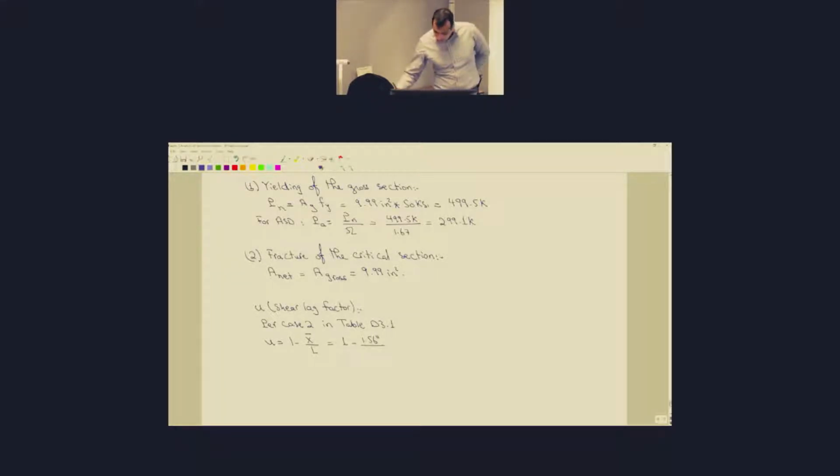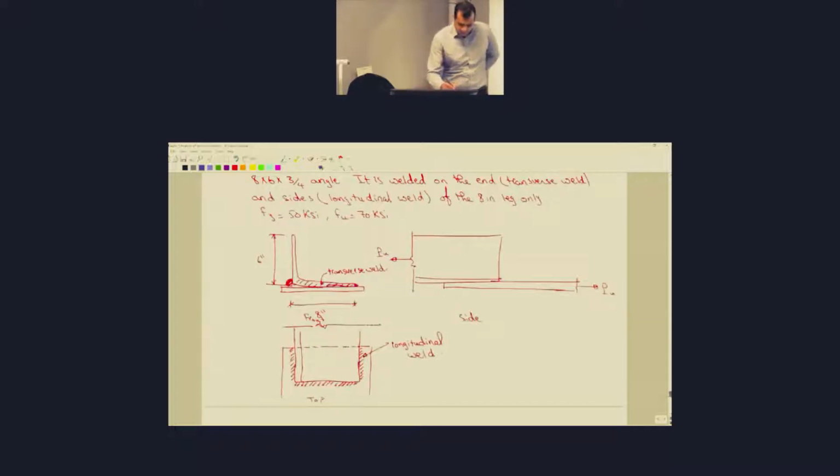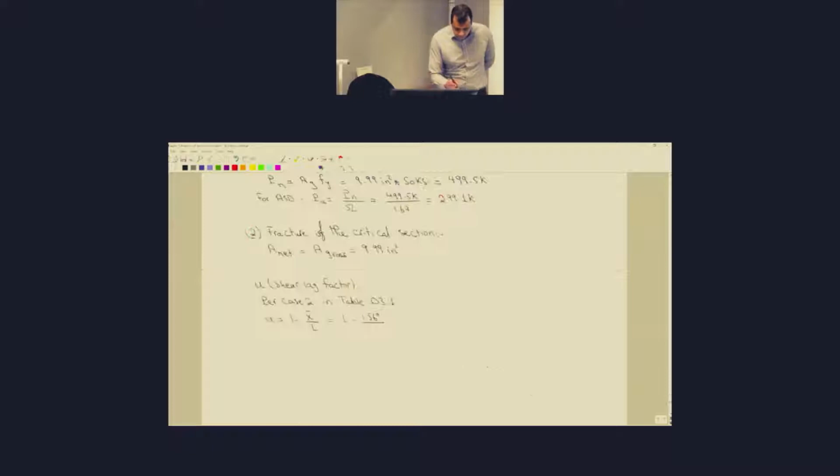And how much is L? Okay, I didn't give you how much is L, but it's given in the problem. So this weld is 6 inches long. So that's L, okay? This distance is L, the length of the connection. So divided by the 6 inches. So U is equal to 0.74.